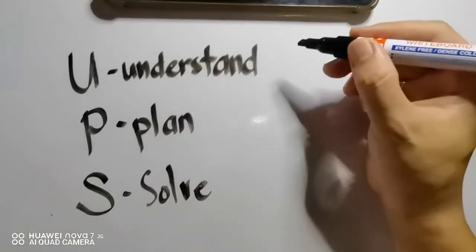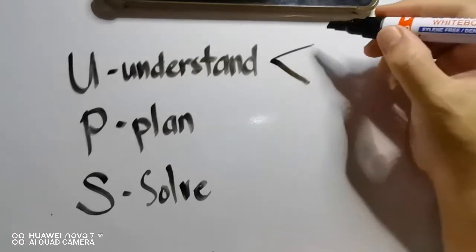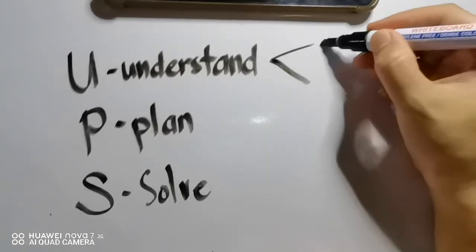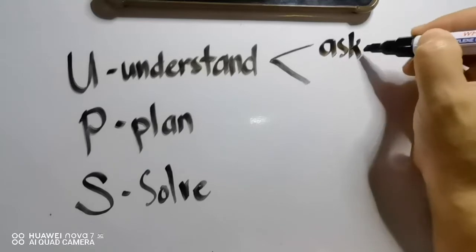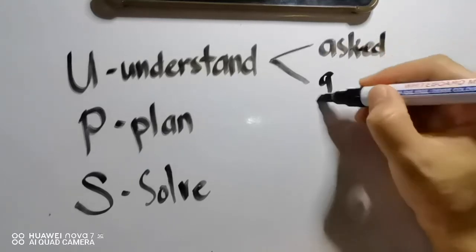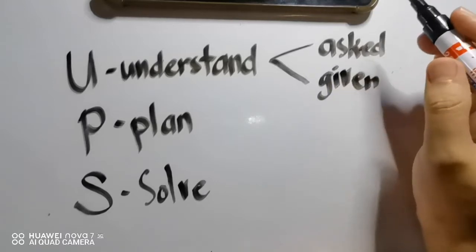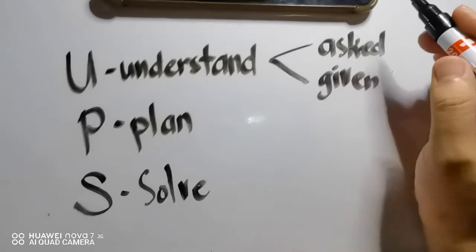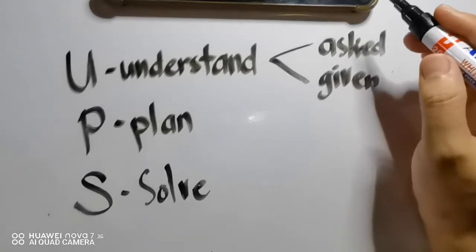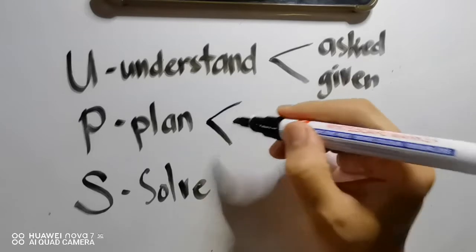And under understand, there are two. The first one is what is asked. The second one is what are given. So if you notice, those are the first questions from earlier. Under plan, there are also two.